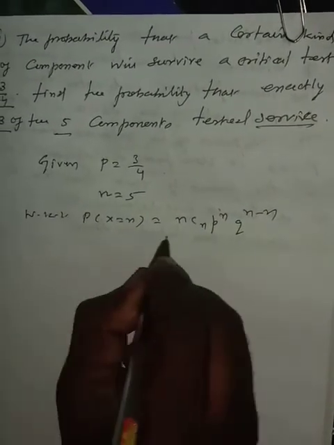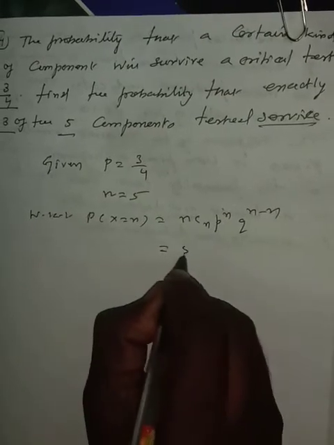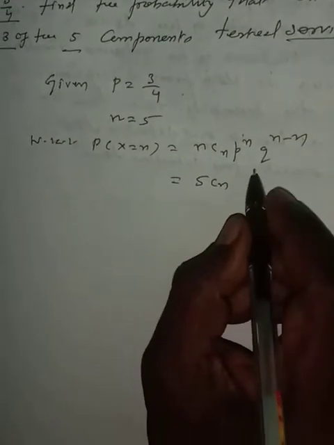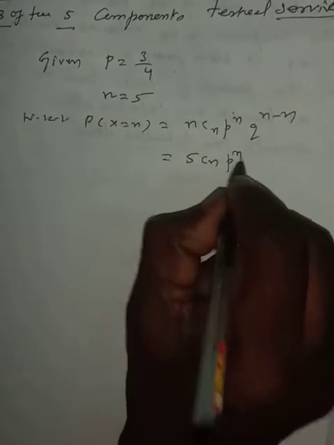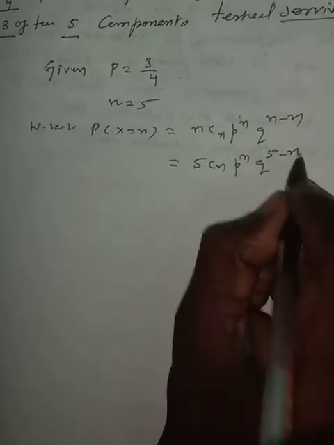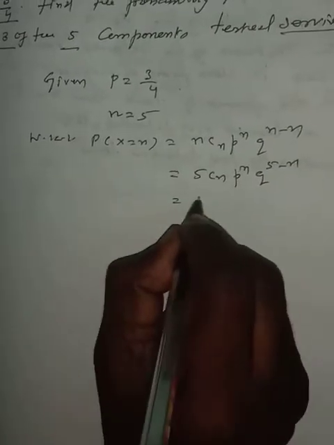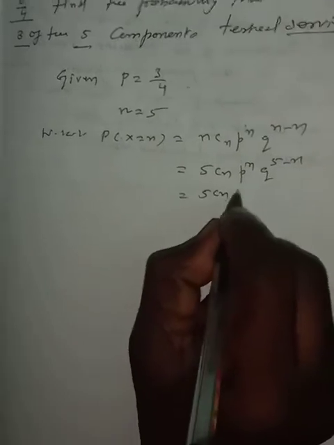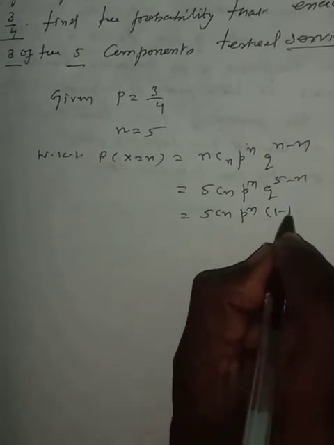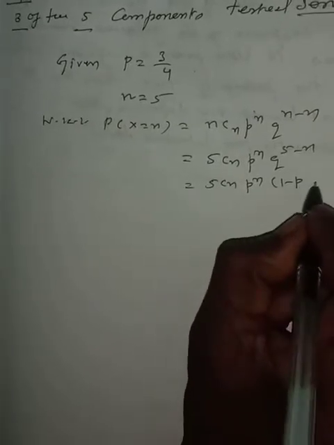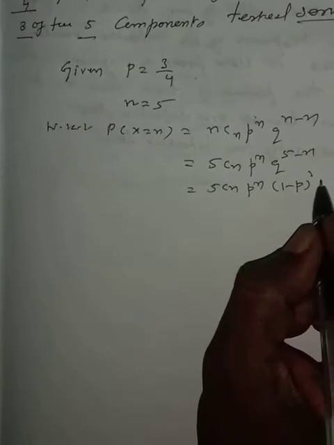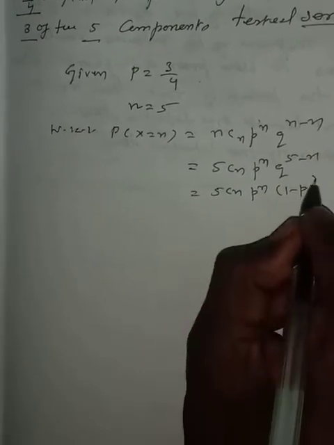Here n is 5, so it is 5Cx P to the power of x Q to the power of 5 minus x. This can be written as 5Cx P to the power of x, (1 minus P) whole to the power of, in this case n is 5, therefore 5 minus x.